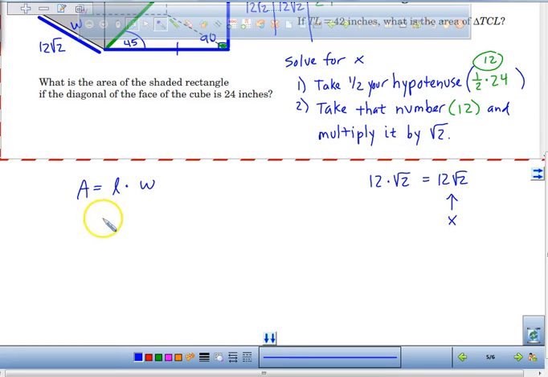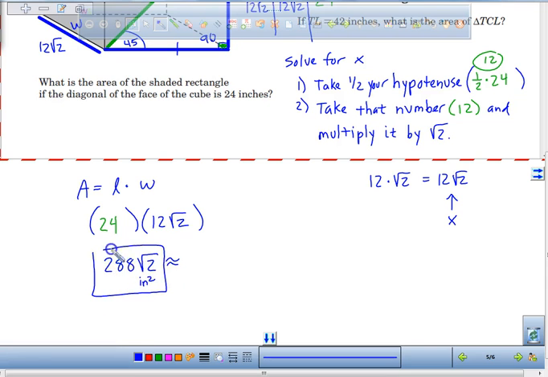So right now we're going to write area of a rectangle is equal to the length times the width. Well, what is the length of the rectangle? They gave it to us, right? It's a 24. And what is the width of the rectangle? 12 radical 2. Now, what is 24 times 12? I believe it's 288 radical 2. By the way, everybody, I'm going to put this in inches squared.